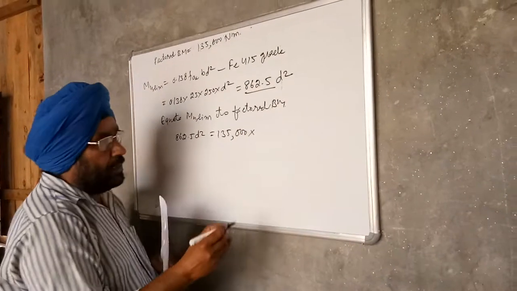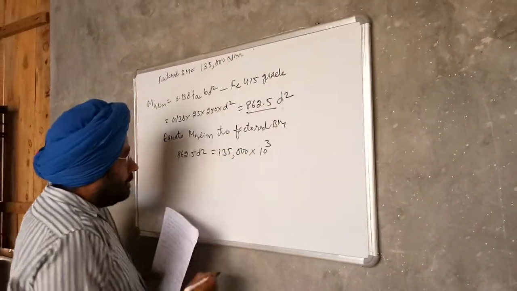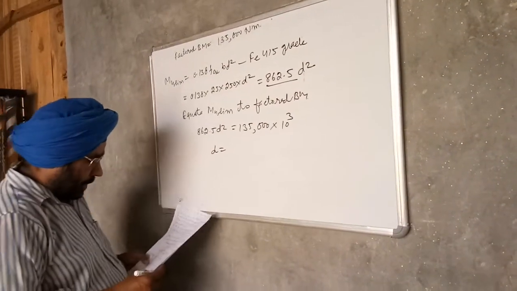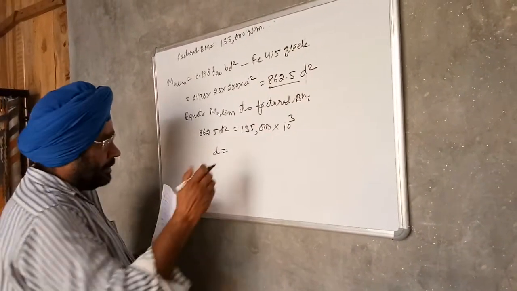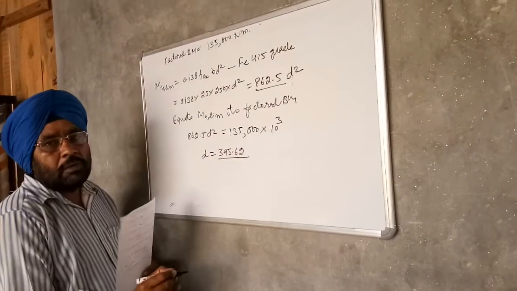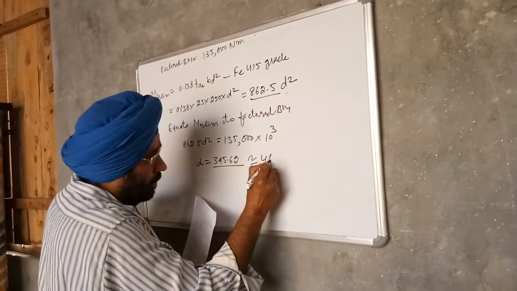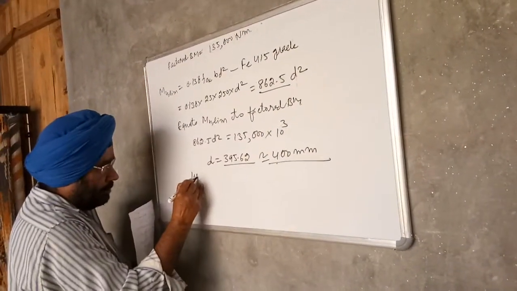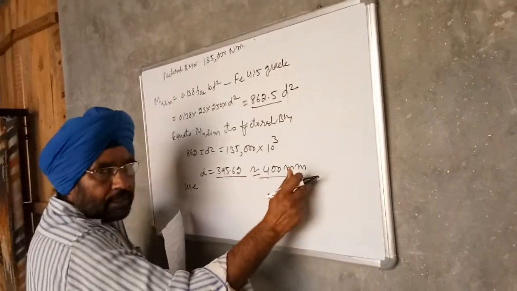Convert into Newton millimeter, multiply by 10 raised to the power 3. So from this equation, d we get 395.62, almost equal to 400 millimeter.